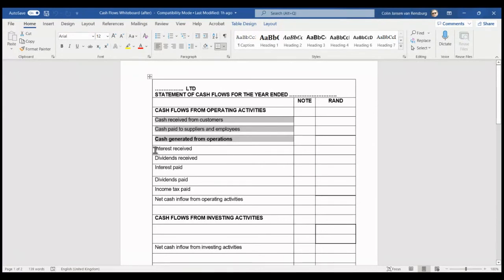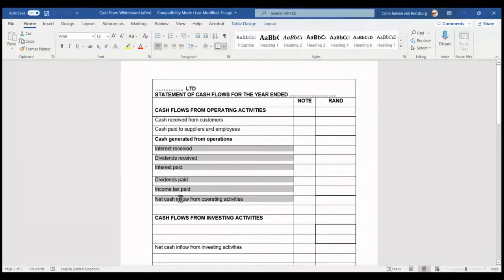And then we've got a second subsection. That second subsection just deals with operating activities that are not part of your day-to-day normal trading activities, but they are still regarded as operating activities.